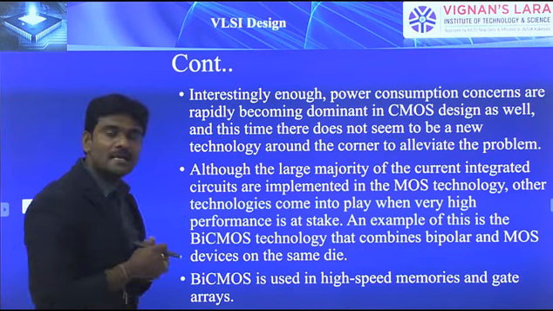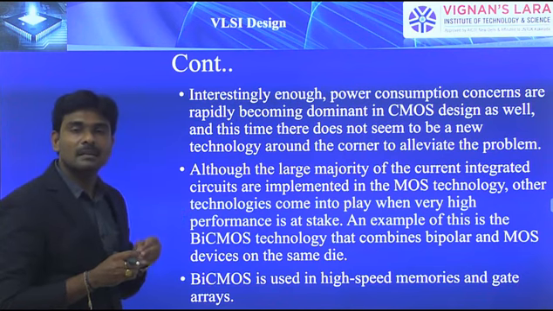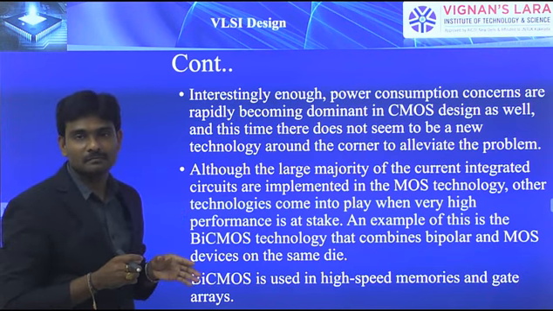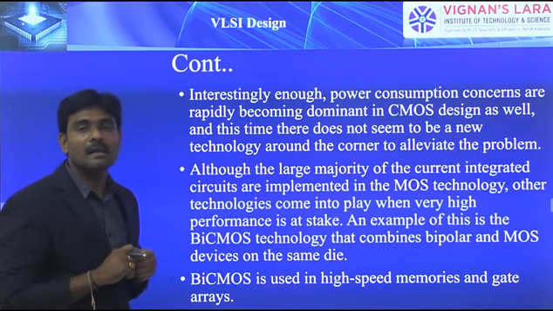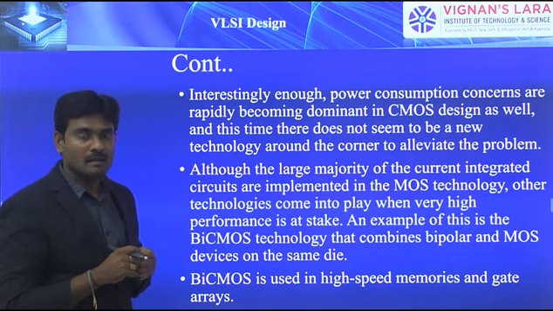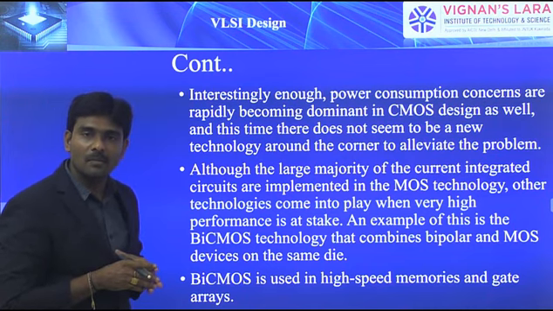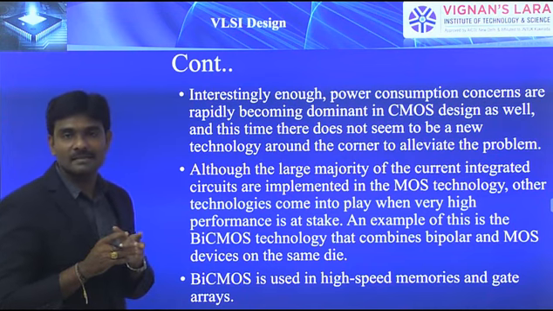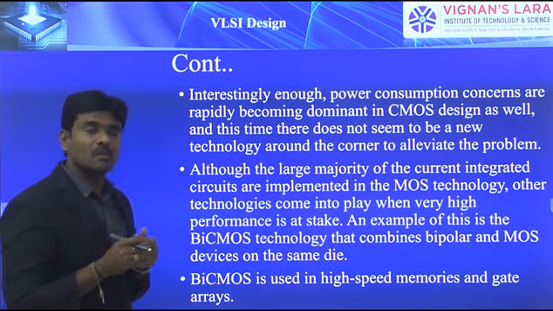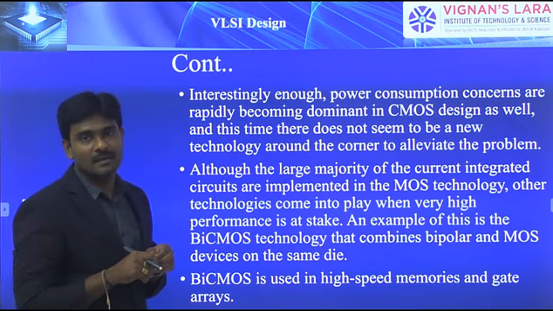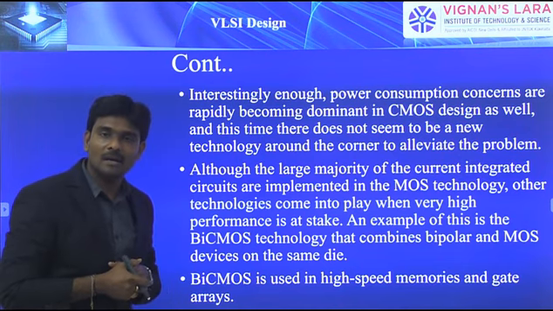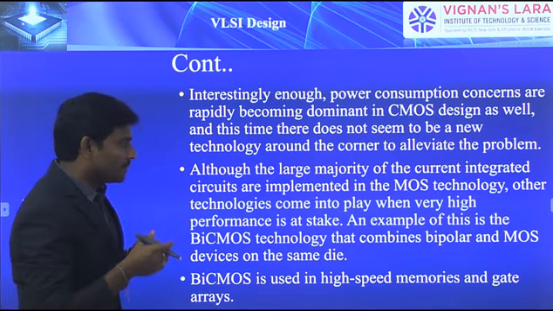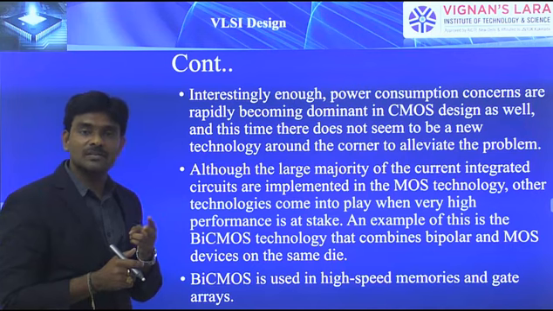The second is high integration density, meaning that within a given area we can insert more transistors. CMOS also has high input impedance and several other advantages, but mainly we focus on these two.